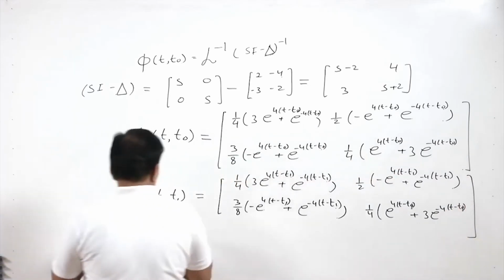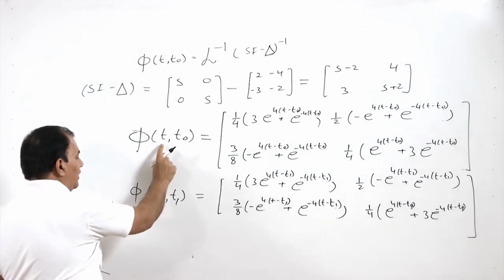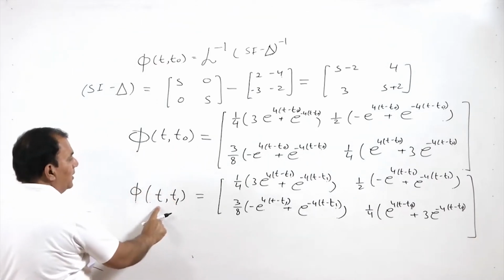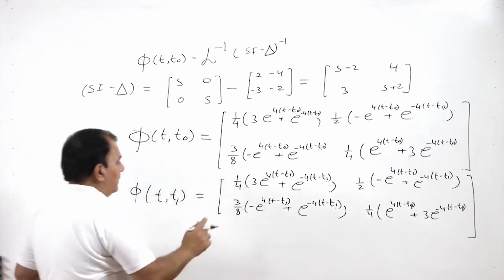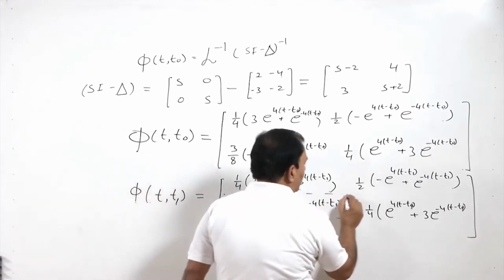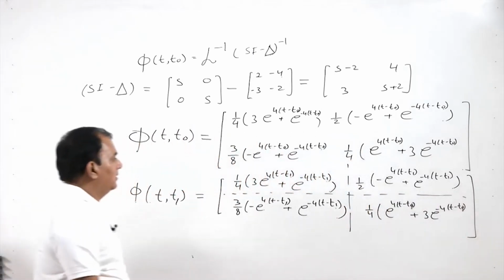So, this is the same matrix here, but here it is T0 to T, then here we have T1 to T.